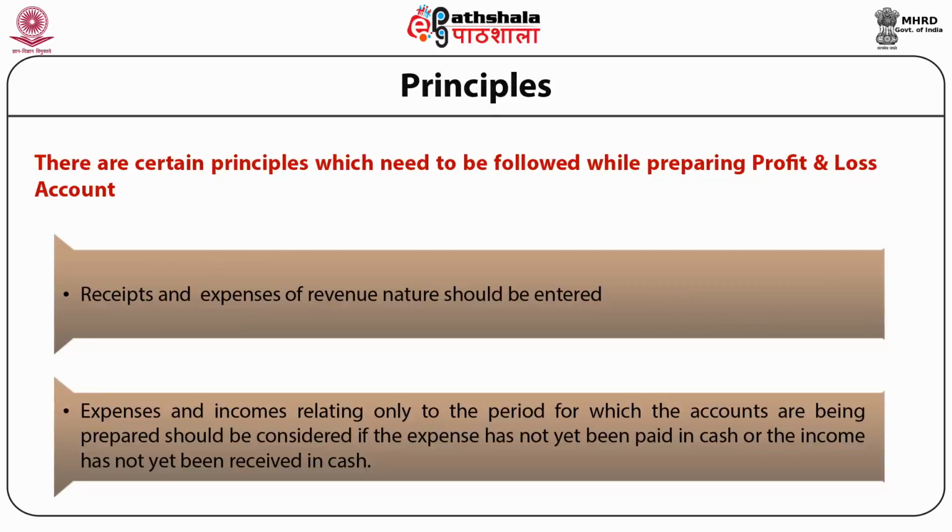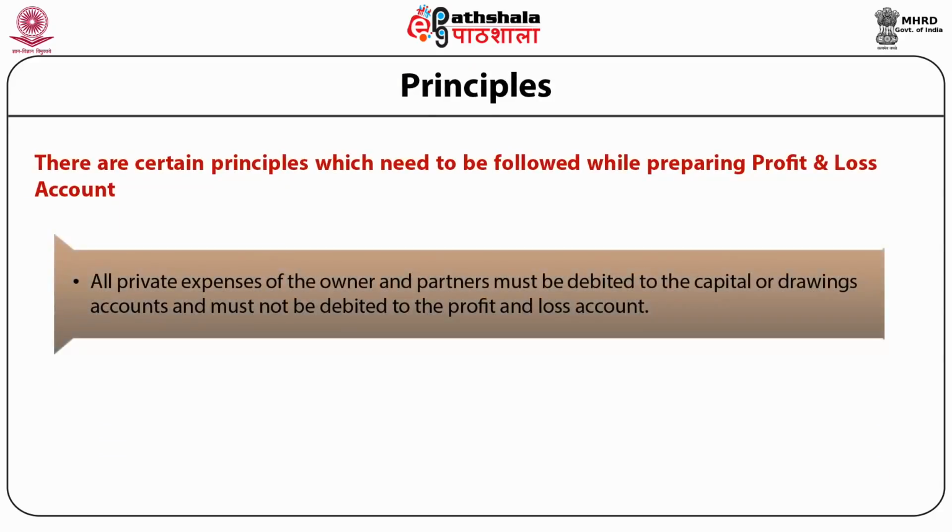All expenses of the owner and partner must be debited to the capital account or the drawing account and must not be debited to the profit and loss account. According to this principle, the expenses which are of personal nature or the private expenses of the owner or partner should not be disclosed in the profit and loss account.